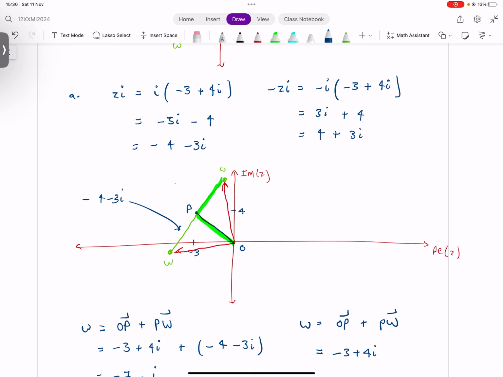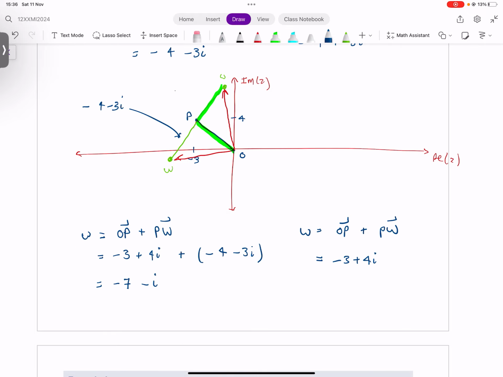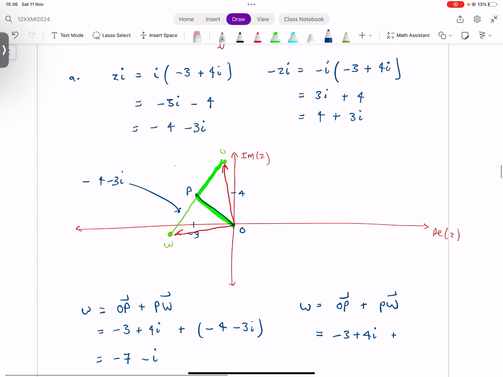So we're going in that opposite direction there. So it's just going to be plus our minus iz, which we already figured out was 4 plus 3i in the previous question. So we've got 1 plus 7i.